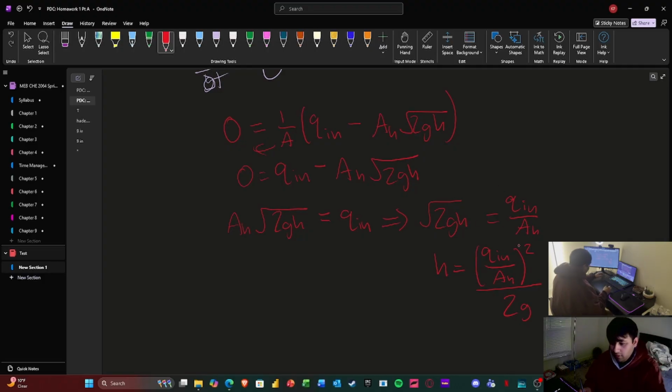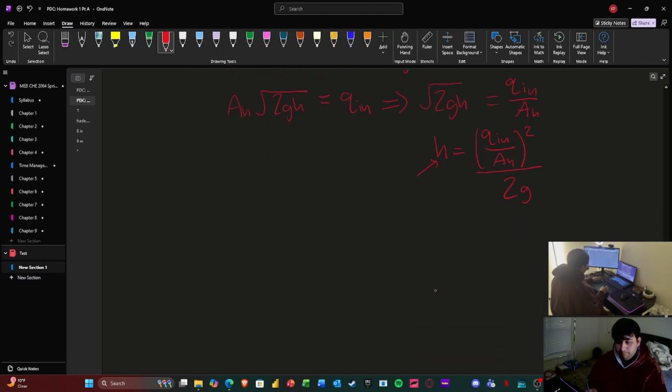Yep. So this is essentially what we're going to be solving for in Colab. And what this h is essentially is the height at time equals 0, basically.